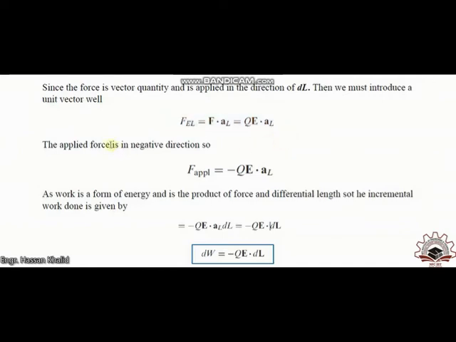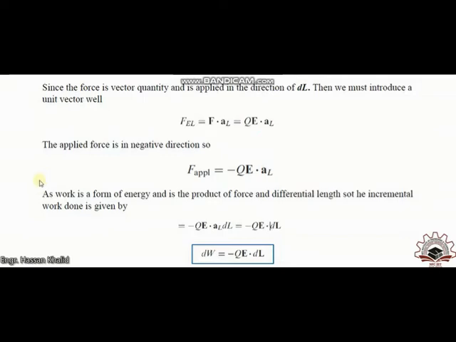Now, since we are applying a force in the opposite direction to that of the electric field, and since force is a vector quantity, we will also place a negative sign to show that the applied force is opposite to the electric field.